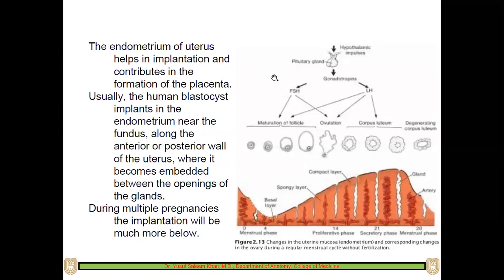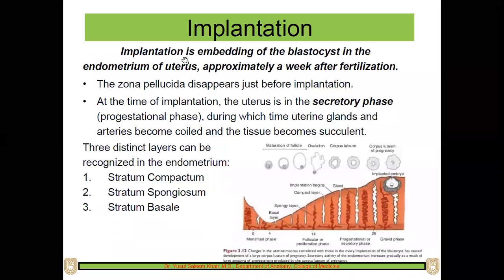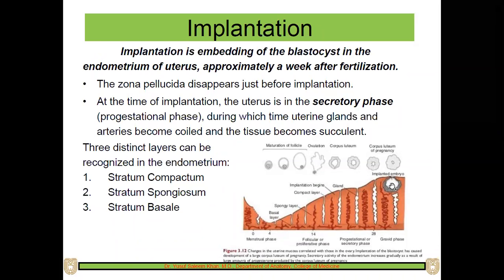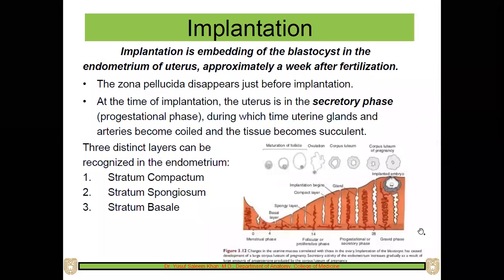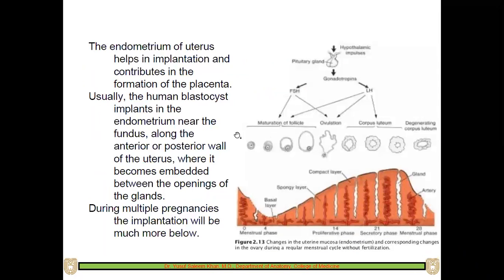So the endometrium of the uterus helps in the implantation and contributes to the formation of the placenta. If you see here, it is getting implanted within the wall. So it helps in the implantation of the blastocyst, as well as in the formation of the placenta.